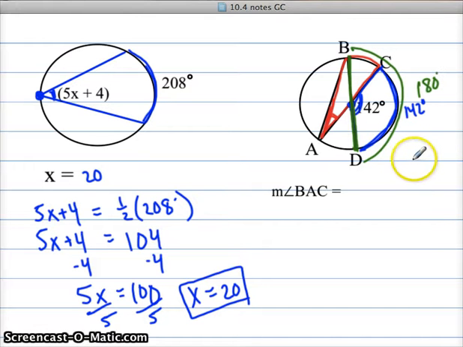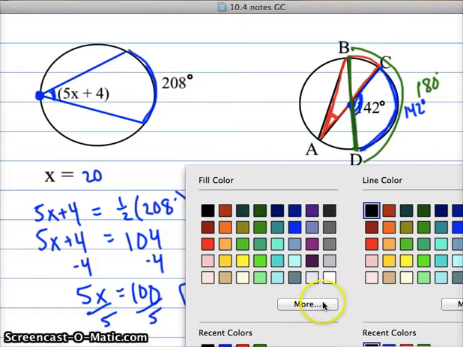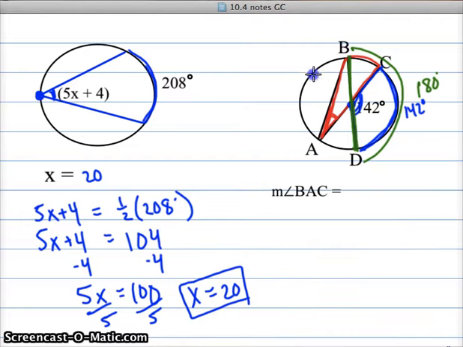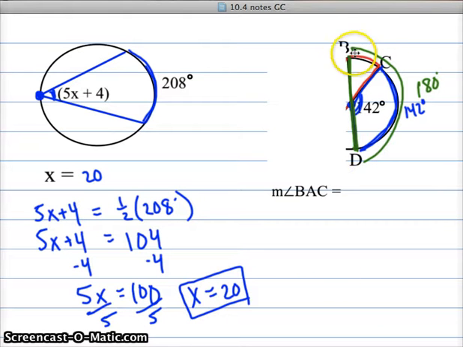Okay, so can you kind of see here? Maybe let's see if I can experiment with this just to help you visualize a little bit better. Okay, let's try it. If you just focus on that for a second, do you see how the whole thing is 180? The blue part's 142.